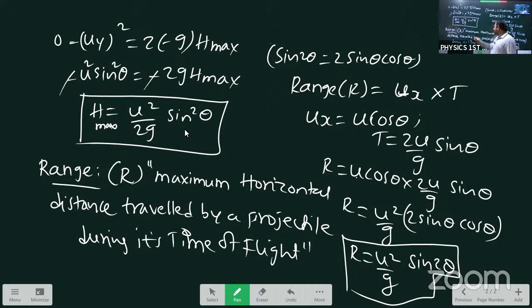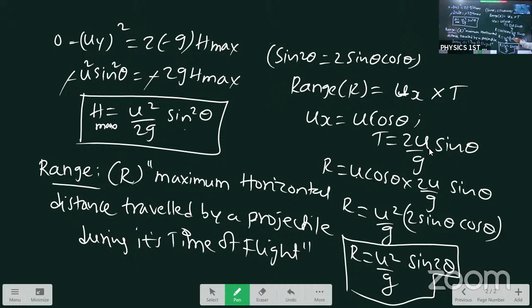Range is the maximum horizontal distance traveled by a projectile during its time of flight. In capital T time, what horizontal distance is traveled? That is range. For this step, 1 mark. Then range equals ux into t, with ux equal to u cos theta and t equal to 2u sin theta by g, giving directly R equals u square by g sin 2 theta.